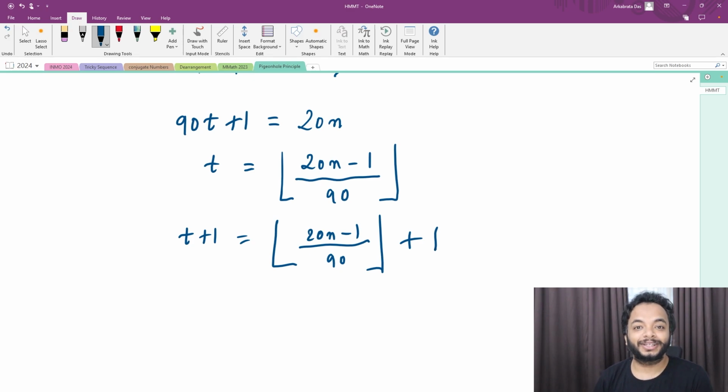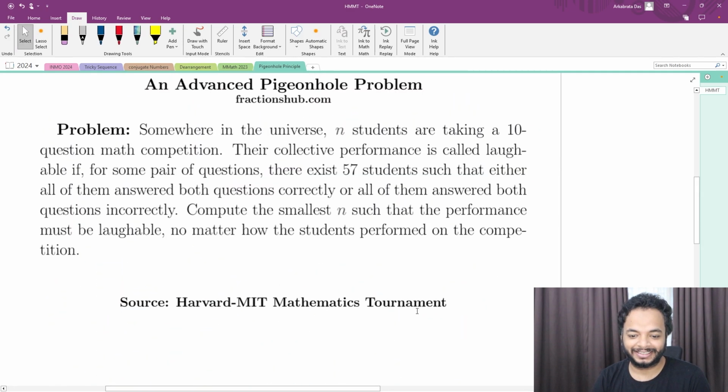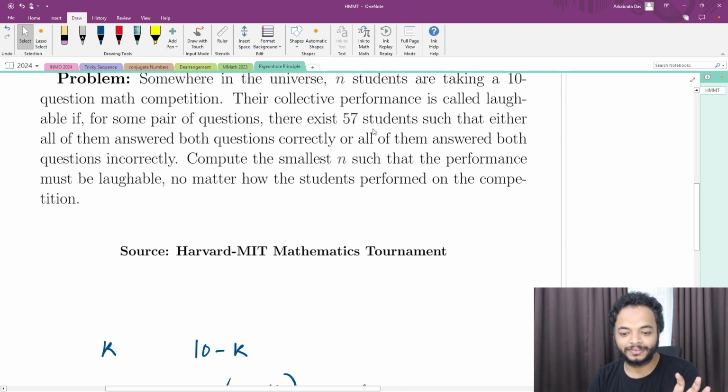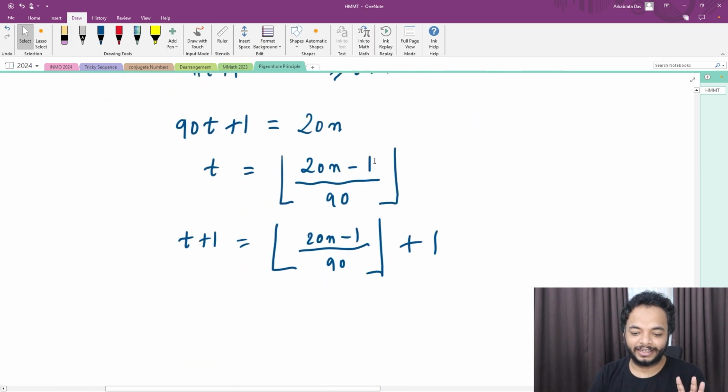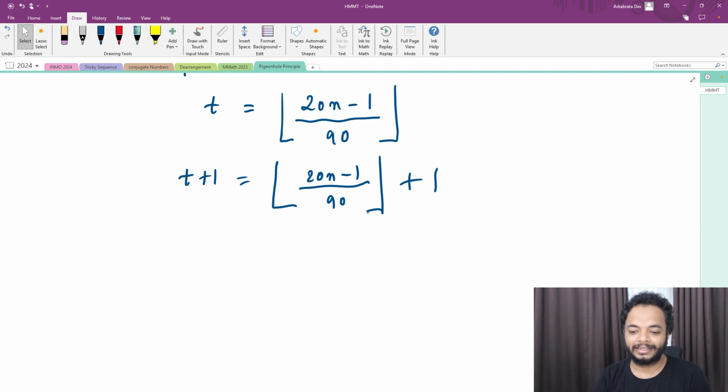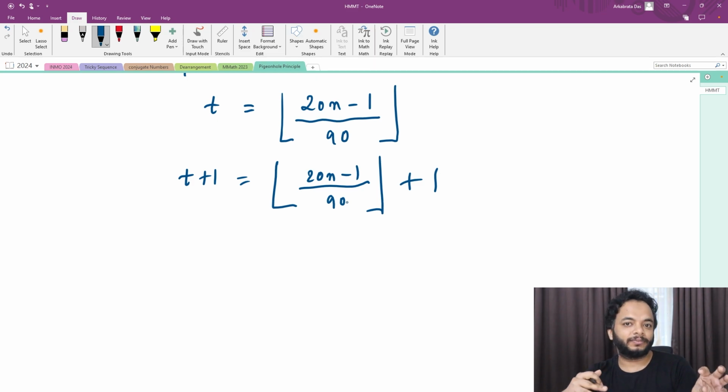Now according to the condition, one of these boxes will have at least 57 students. So at least one box out of these 90 is receiving this many students.